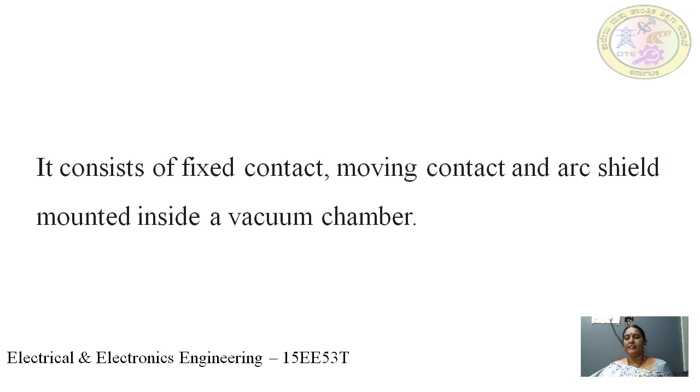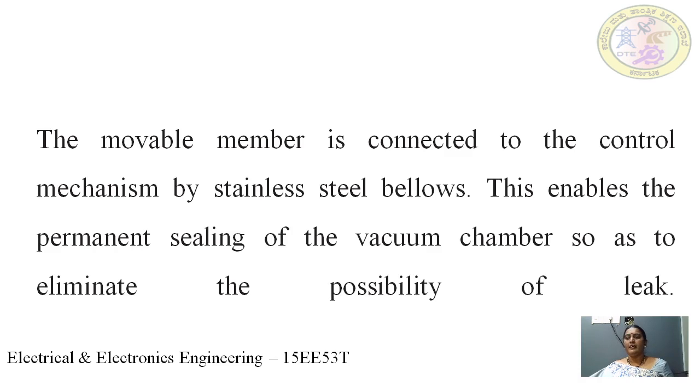Among the construction, the first thing is that it consists of fixed and moving contacts and an arc shield mounted inside a vacuum chamber. Next, the movable member is connected to the control mechanism by a stainless steel bellows.